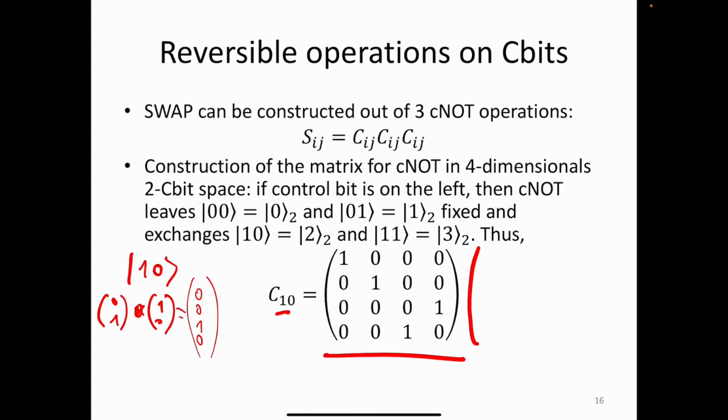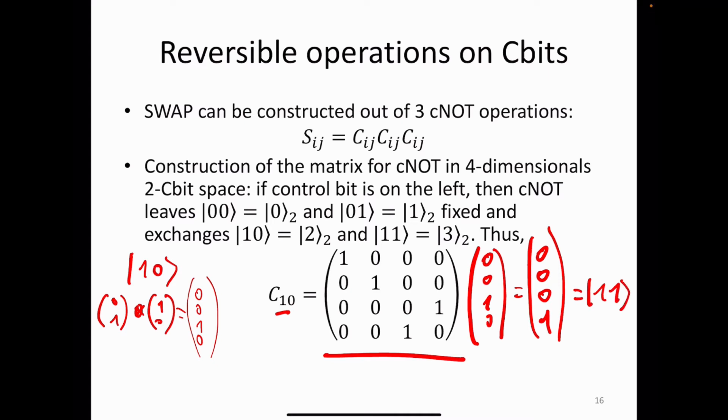Let's give that a try. We have 0, 0, 1, 0 here, and we run through that. First one is 0, second one is 0, third one is 0, and the fourth one, 0 times 0, 0 times 0, 1 times 1, 0 times 0 gives you 1, which is the state 1, 1. So it works.